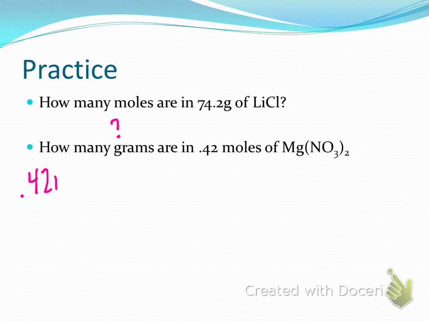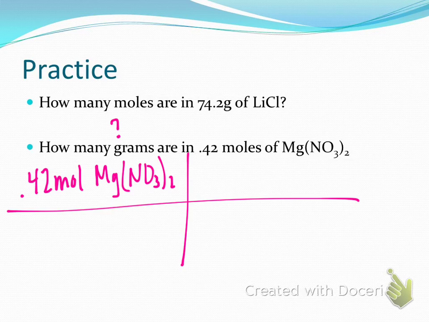So I always start my T-chart with what I know. 0.42 moles of Mg(NO3)2. And then I make my T. These T-charts are simple. They're just one step. Okay, we're going to get into them where they have maybe 3 or 4 steps to the T-chart.